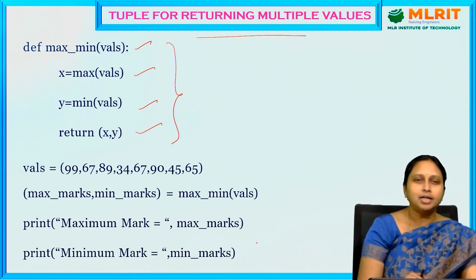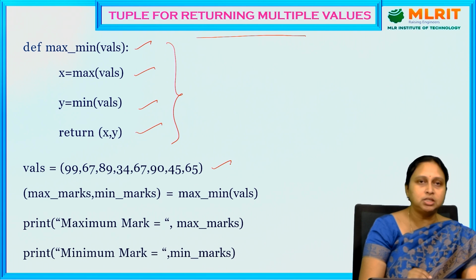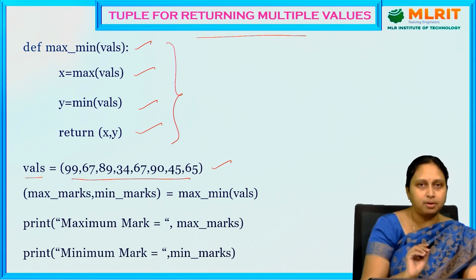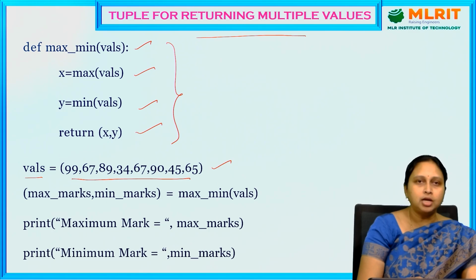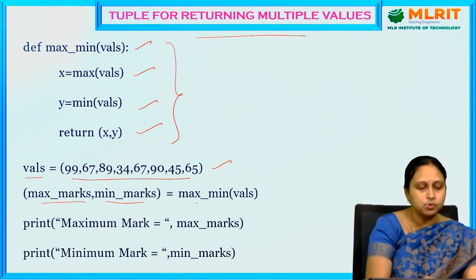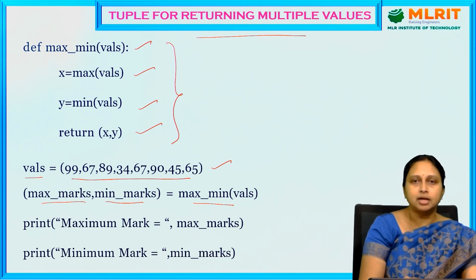Now, these are the values that have been assigned to my variable vals, and these are the tuple values. And now we are passing maximum marks and minimum marks by using the function called max underscore min values.